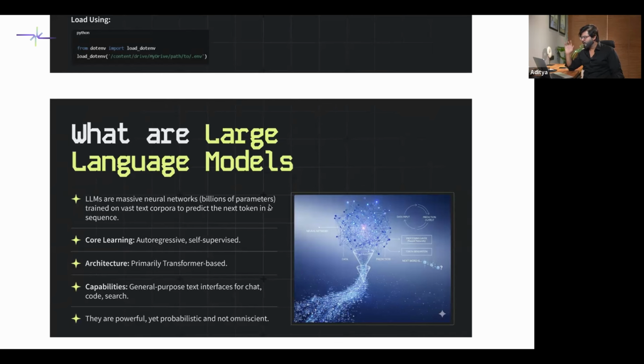Okay, Manan knows about it, Nilesh knows about it, Khushi, Govind, Dhruv, you guys know about it. It's nothing but you annotate the data and say, this is the data and this is how you train it, and then finally you check the answer. That is supervised. But these are auto-regressive and self-supervised. Simply put, they learn from raw text without explicit labels. That means you do not need to do the huge amount of annotation which you have to do in supervised learning.